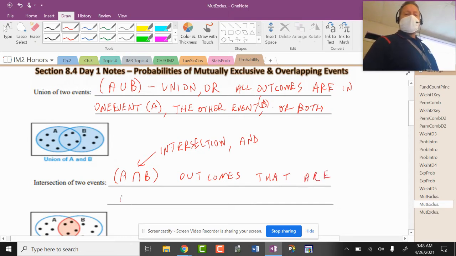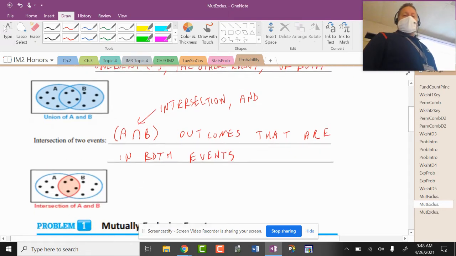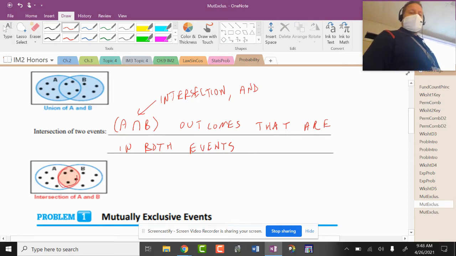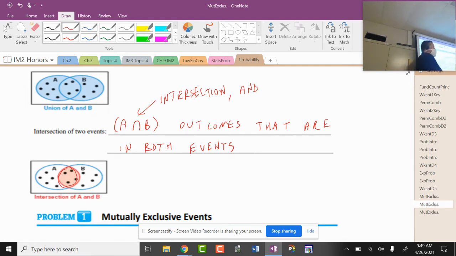And I hope you know what a Venn diagram is. We assume that you know that. Okay, and that is this picture. Like in a Venn diagram, these are these four dots that are in both A and B. All right. We can talk about that when we get to specifics.